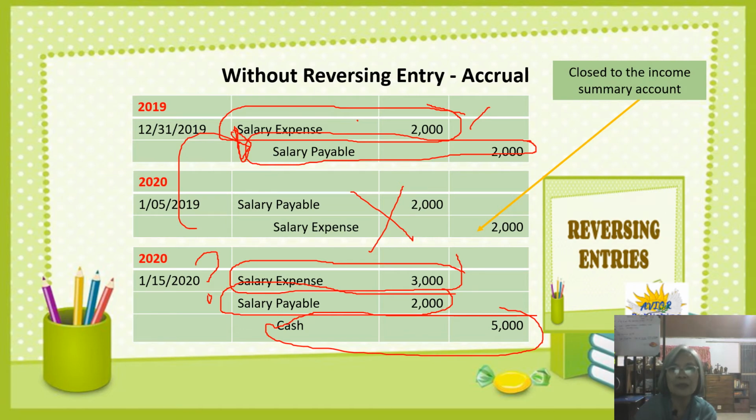Para hindi ka na mag-iisip at babalik doon sa previous adjusting entry mo sa pagre-record mo ng current period payment. Yan. Kasi hindi mo pa naman talaga binayaran noon. Nag-recognize ka lang ng expense. Ngayon, magbabayad ka na. Magkano sa babayaran mo ang para sa 2019 at magkano para sa 2020? Pag-iisipan mo yan kapag wala kang reversing entry. Okay.